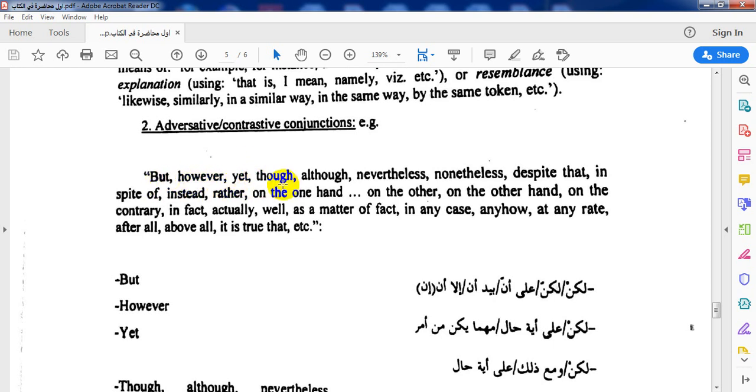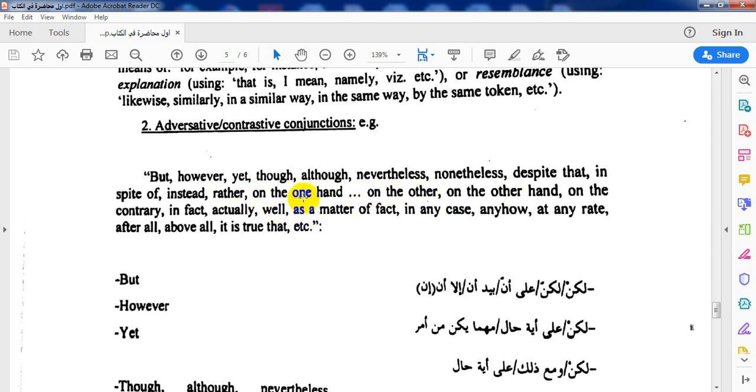But, however, yet, though, although, see all those connectors or conjunctions. Nevertheless, nonetheless, despite that, in spite of, instead, rather, on the other hand, on the one hand, on the other hand.